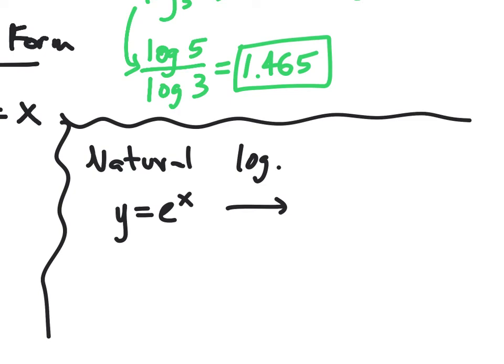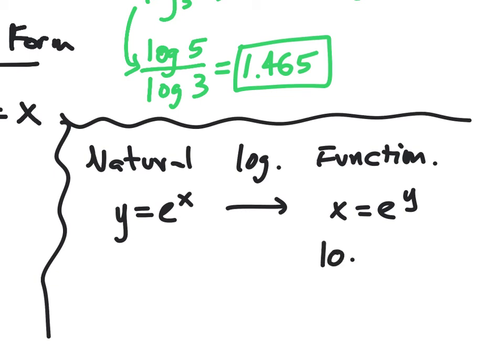So what I do is I switch and create a natural log function. So what I would do here is I would switch x and y. So I'm going to get x equals e to the y power. And now I'm going to apply the logarithm portion to this. And so I'm going to say log base e of x is equal to my exponent y.